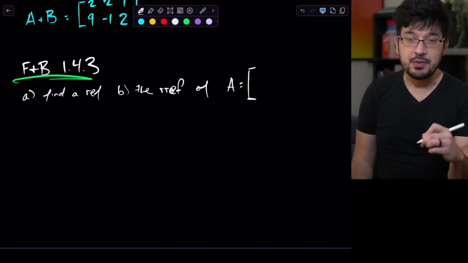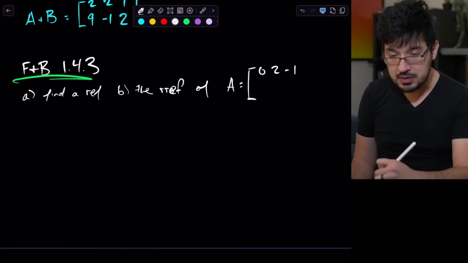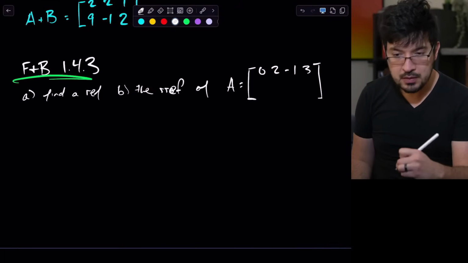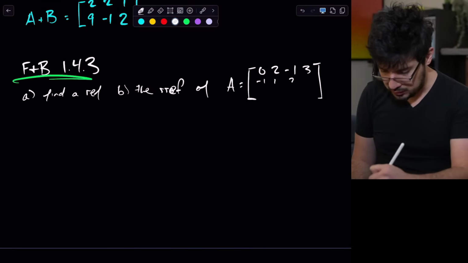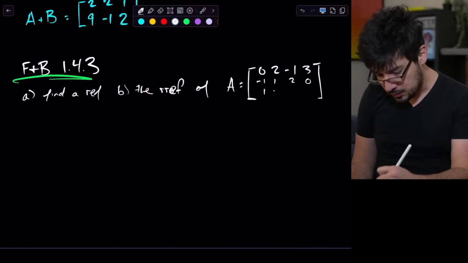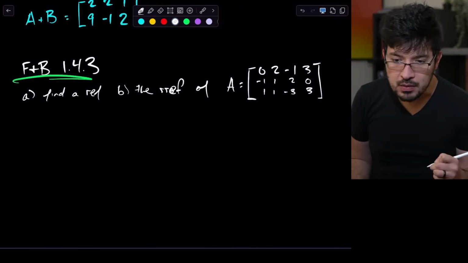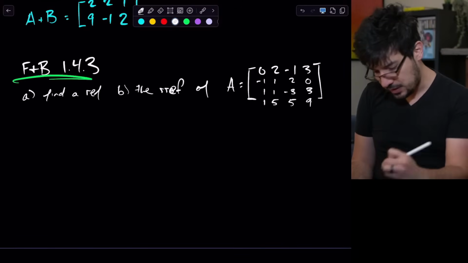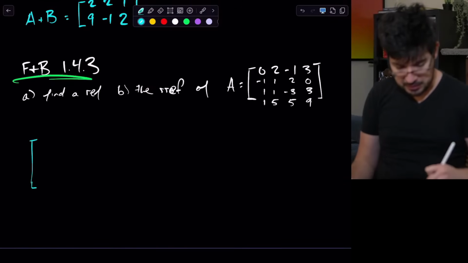This one is already a 4x4 matrix, so it's just going to take a little longer. 0, 2, -1, 3, -1, 1, 2, 0, 1, 1, -3, 3, 1, 5, 5, 9. So we solve this through row reductions.